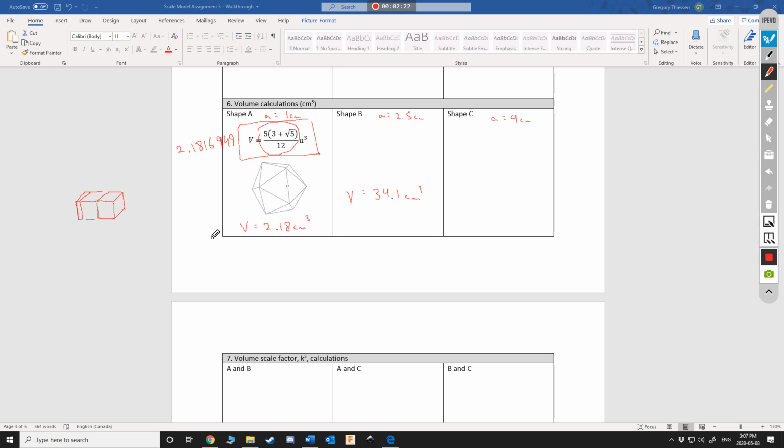Again, to picture that, 34 boxes like so would fit inside this next shape that we have. And for our last one, it's 139. So 100 and, let's just round it to 140.